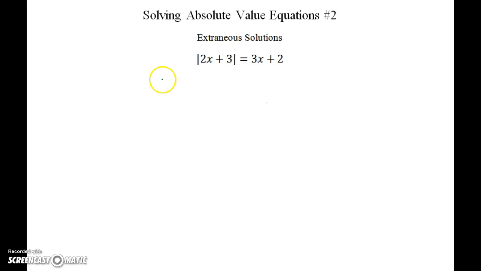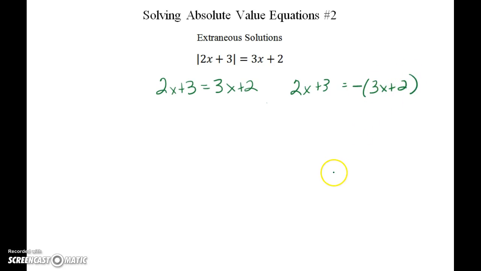So the first equation is 2x plus 3 equals 3x plus 2. So that one's easy. The second equation, we want to take the opposite of the other side of the equation. So we're going to do 2x plus 3 equals negative the opposite of 3x plus 2. Okay? And now we're going to solve both of these.